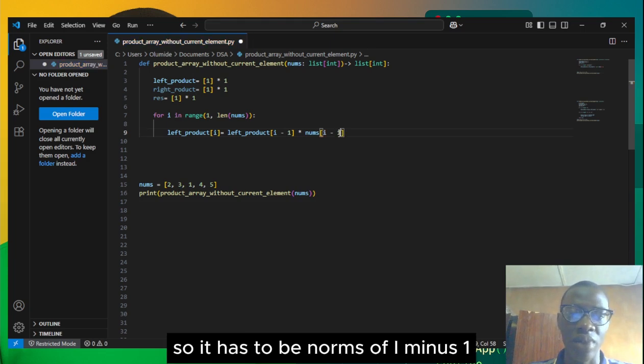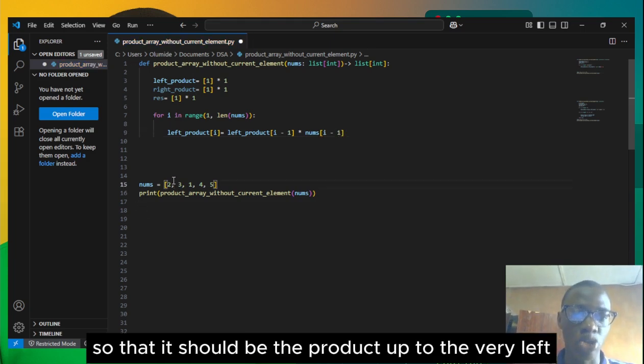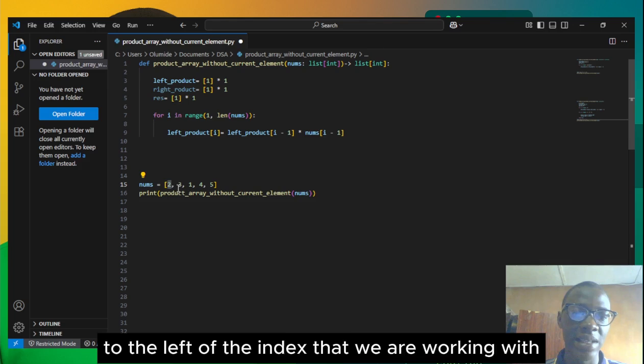So it has to be nums of i minus 1, so that it is the product strictly to the left of the index we're working with.